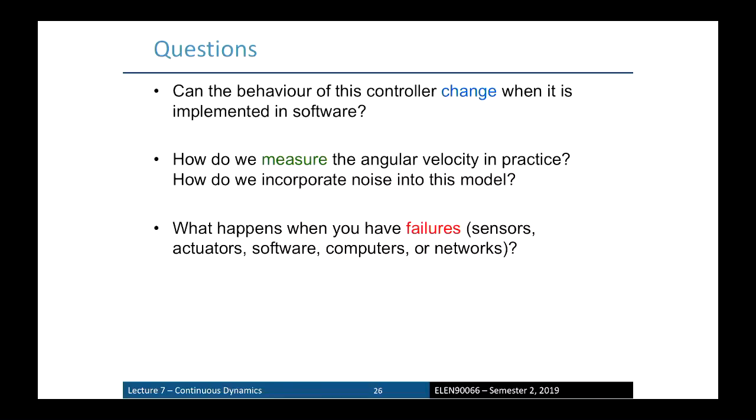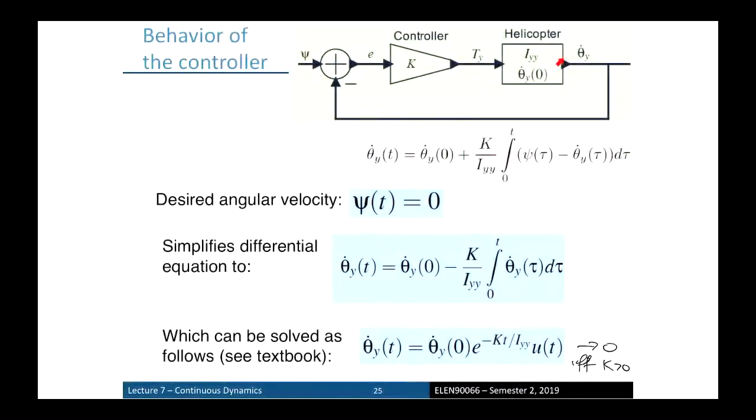More issues. Angular velocity in practice. Angular velocity is being fed into this actor model here, to be subtracted. But if this is a computer system doing sampling and then multiplying, well, a computer multiplies things. Then this is no longer continuous, is it? It's sampled, and in particular, how's it represented?